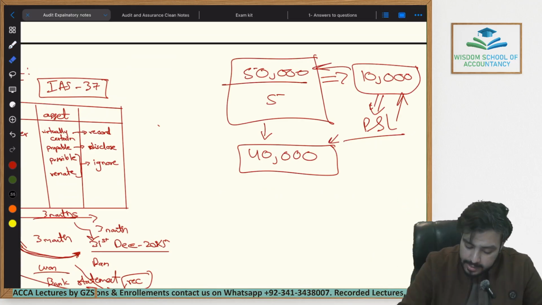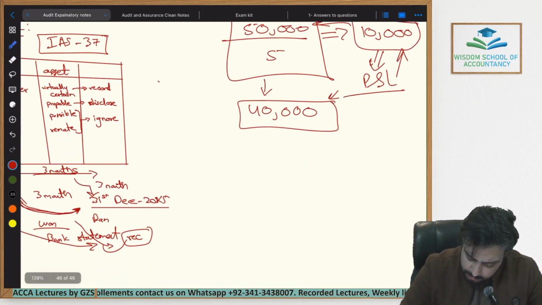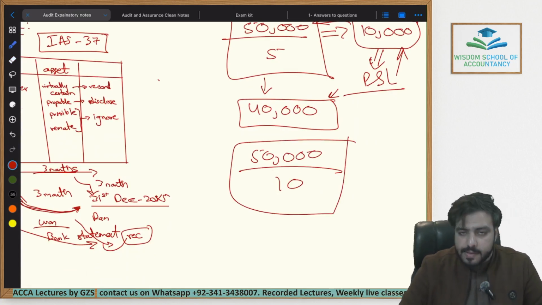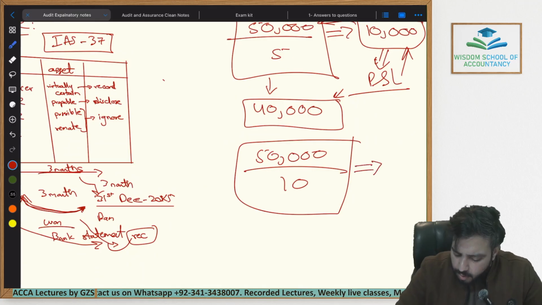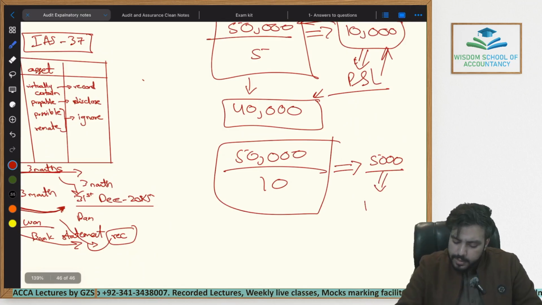Let's suppose now the life has been changed to 10 years. Instead of using 5 years of life, I'll be using 10 years of life. What would happen in this case? Every single year from now onwards, the expense would be $5,000. Try to calculate it yourself. 50,000 divided by 10, $5,000 of expense. This would go within profit and loss.